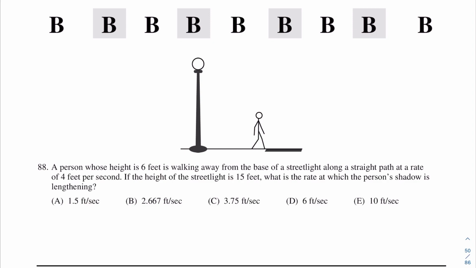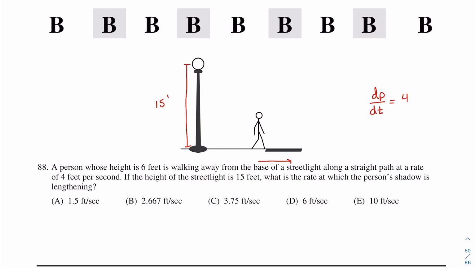And one thing I like to do for these is just start to draw out some of the values that are given to us onto the figure. So we have the height of this street light, which is 15 feet. And then we have the rate at which this person is walking, which is 4 feet per second. So I'm going to say that's dp for person. dp dt is equal to 4.